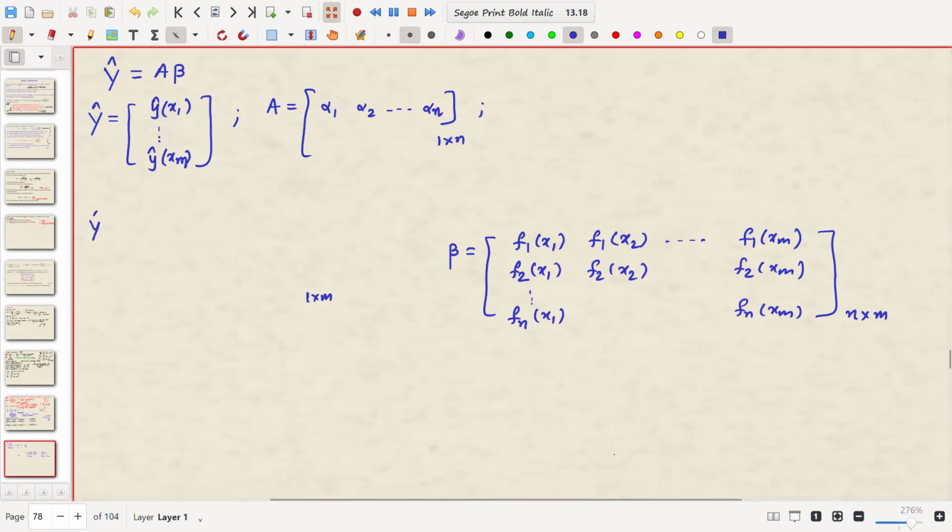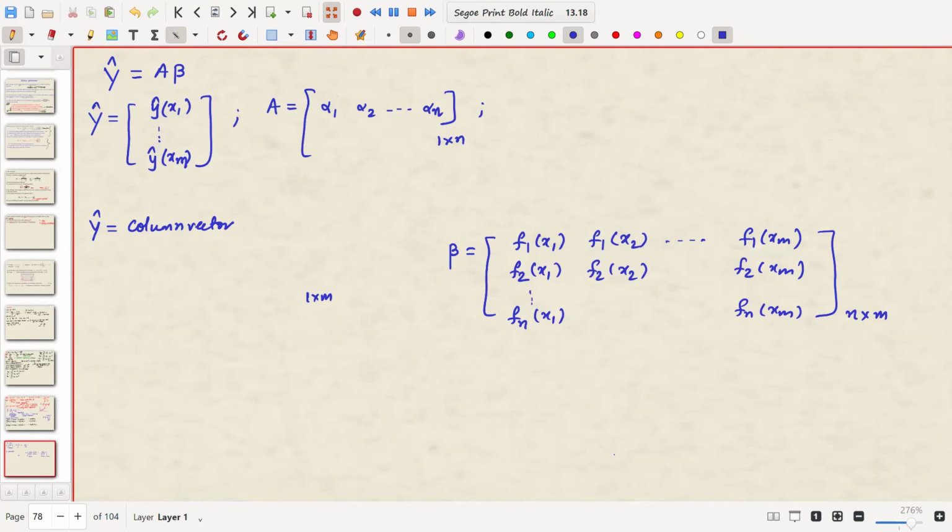How about we see y cap, you treat it as a column vector. Suppose y cap you treat as a column vector. Then what other changes can we make? I'm not understanding. This is being multiplied by this. 1 cross m, m cross m, 1 cross m should be there. But then what is the use of taking it as a column vector?